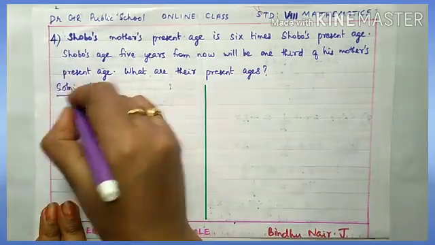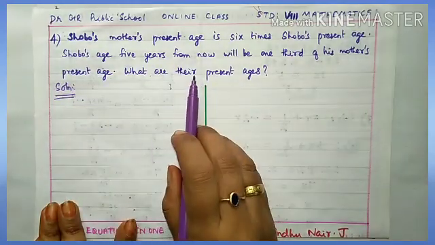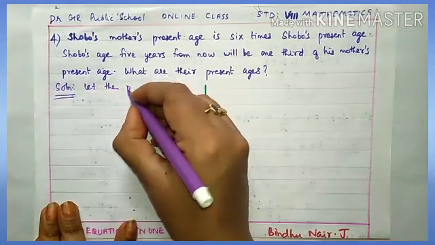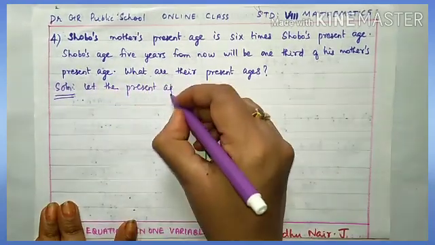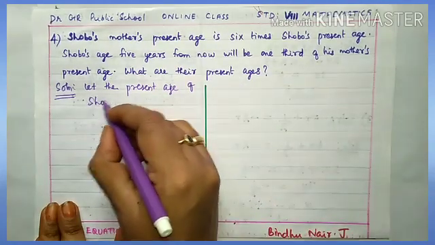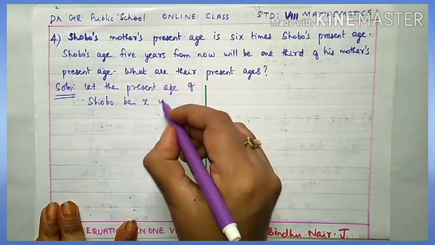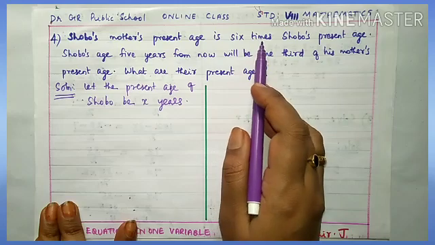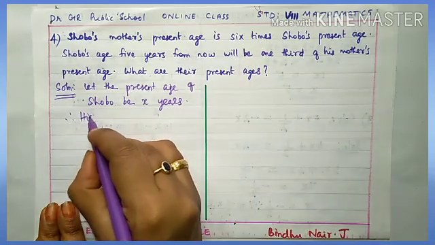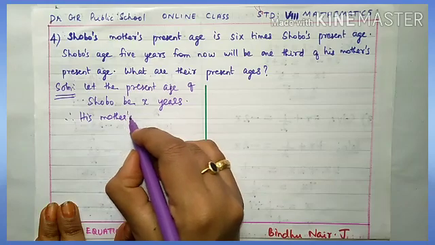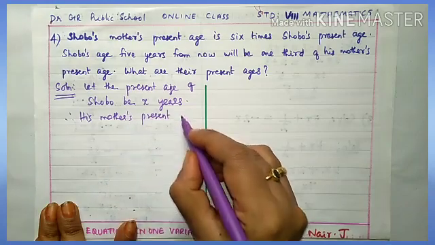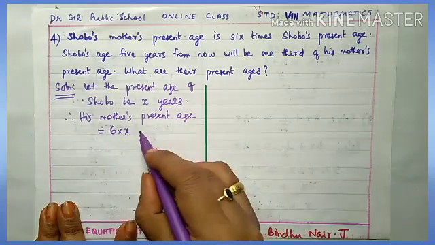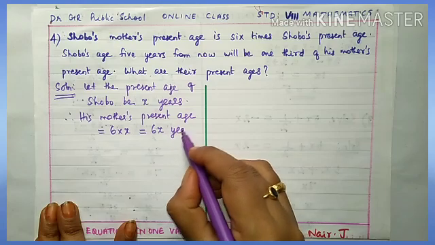Solution. So first, whose age are we taking as the unknown quantity x? Shobo's age. So let the present age of Shobo be x years. So what happens to the present age of his mother? Yes, 6 times. Therefore, his mother's present age is equal to 6 times Shobo's age, that is 6 into x, 6x years.